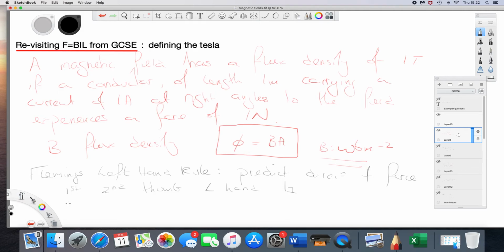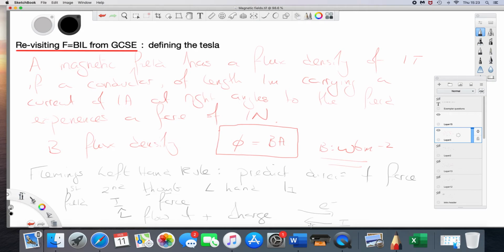The first finger is the direction of the field, second finger is the direction of the current, and the thumb is the direction of the thrust or the motion, the force. And this is conventional current. So this is a flow of positive charge. So if your electrons are flowing from right to left, the current is flowing from left to right. Okay? Flow of electrons that way is a conventional current that way, and vice versa.